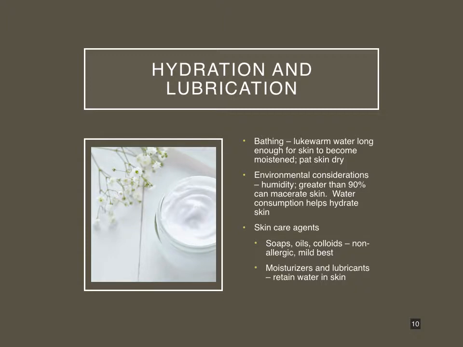Children that have eczema have dry skin all the time, but even children without eczema will have particularly dry skin in the winter, and this can lead to interruption in the integrity of the skin, which could lead to foreign substances entering, infection, etc. The opposite of having dry skin is having overly moist skin.